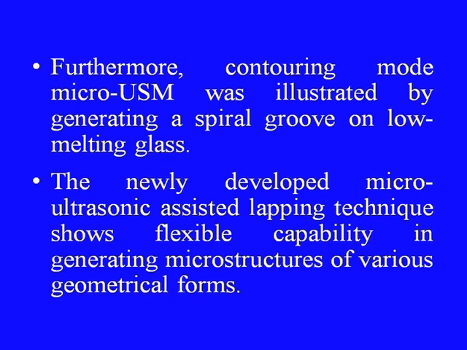This is considered to be one of the first attempts of using this micro ultrasonic machining. Furthermore, contouring mode micro USM was illustrated by generating a spiral groove on low melting glass. These are some of the advancements in these technologies.